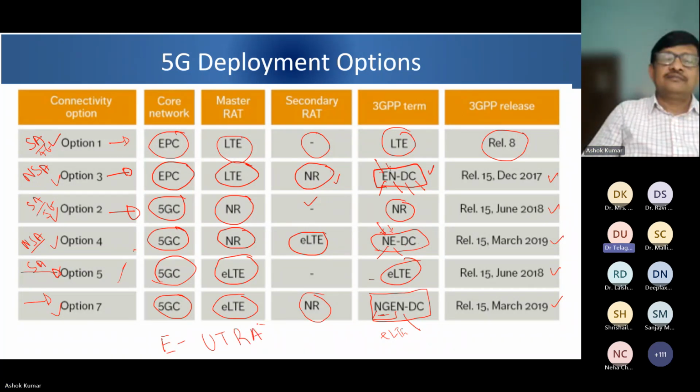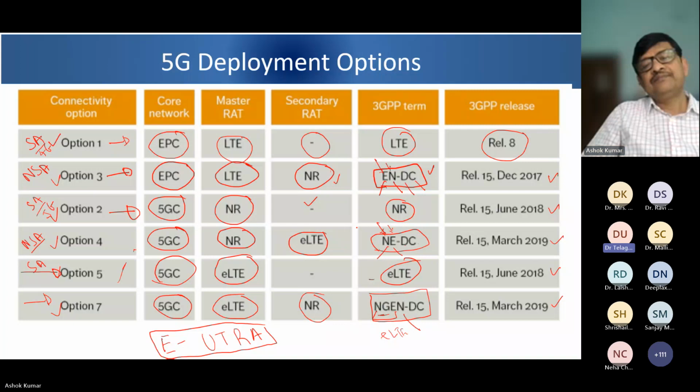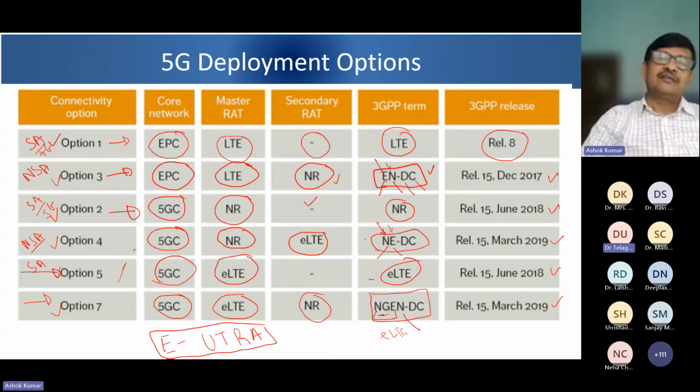So E is E-UTRA, Evolved Universal Terrestrial Radio Access Network. Yeah, this is 4G radio. You can Google it. Okay, sir, done. Thank you.